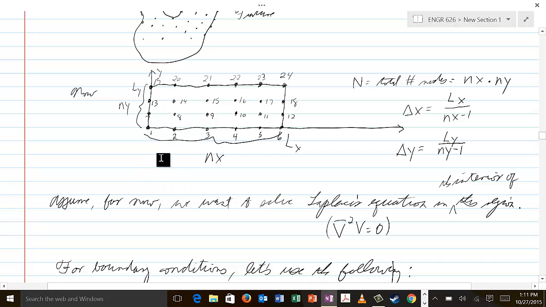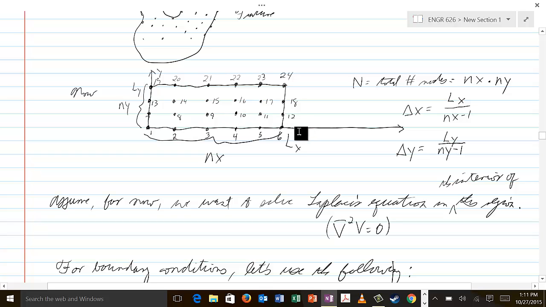Notice that we have divided up this region so that we have uniform spacing in the x direction and uniform spacing in the y direction, so that we have a Cartesian type grid. Now, the spacing in the x direction we're calling delta x, and that will be L sub x divided by nx minus 1.